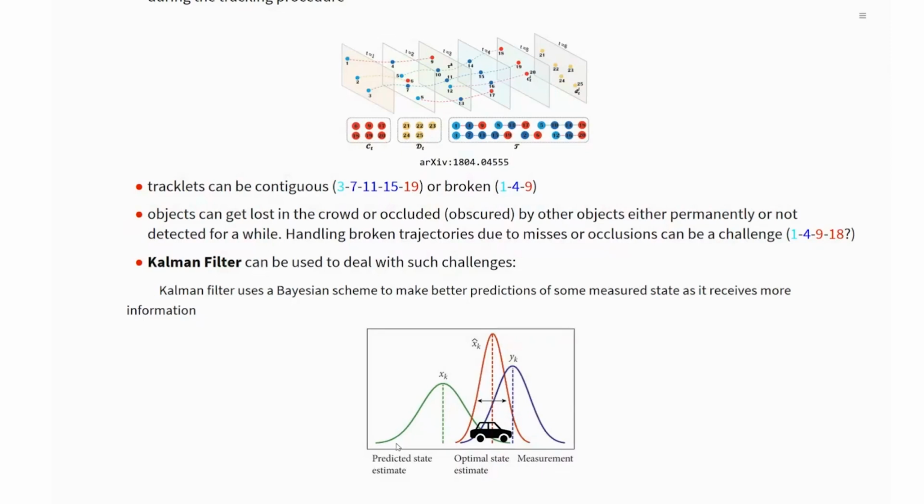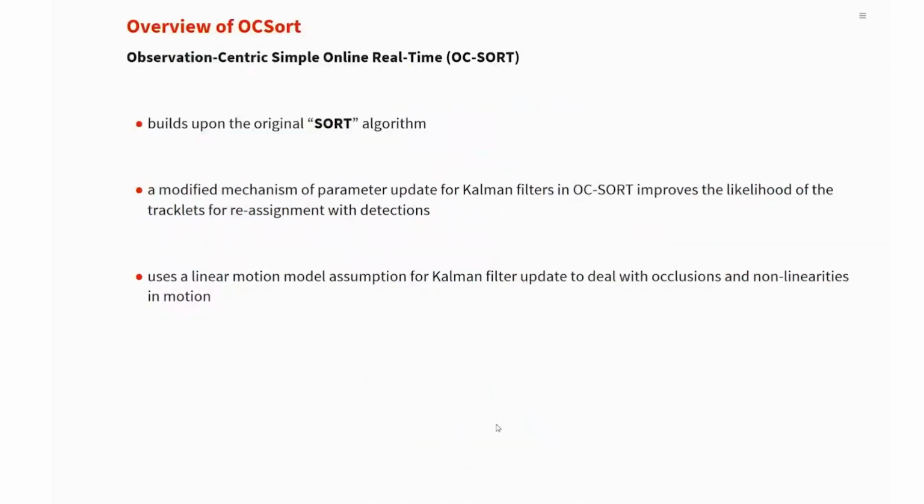That's a pretty poor prediction. But if this is the measured state, and this red one is the actual state of the car, then with some kind of model, if we integrate this measurement as well as the prediction, we are able to get a better idea of where the state of the car is. So using Kalman filters, we can handle occlusions and misses.